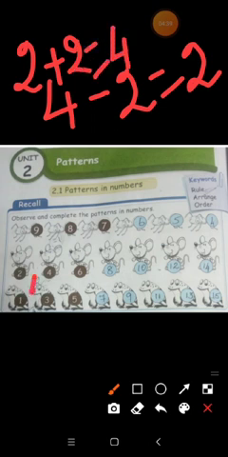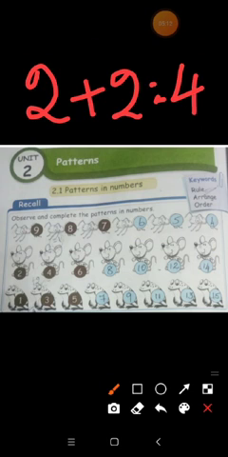So here the rule is plus 4. Okay, sorry, I made a mistake.